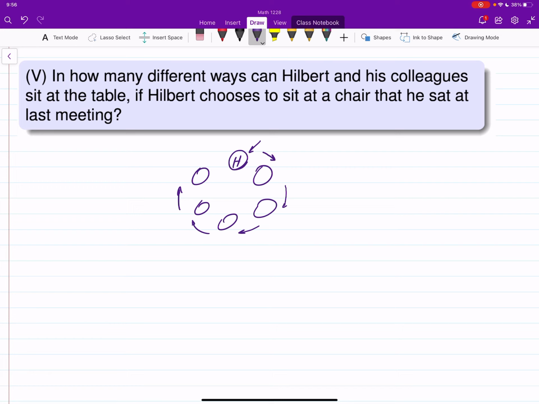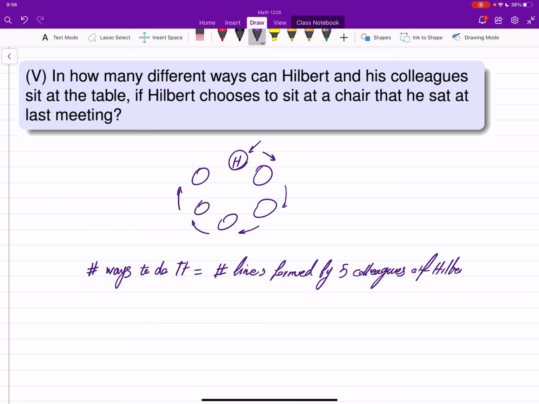So the number of ways to do it is equal to the number of ways that the 5 colleagues of Hilbert can sit in a line.